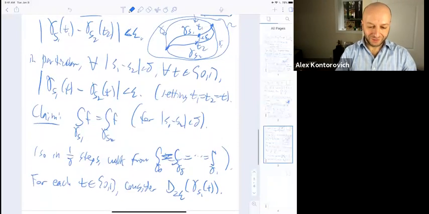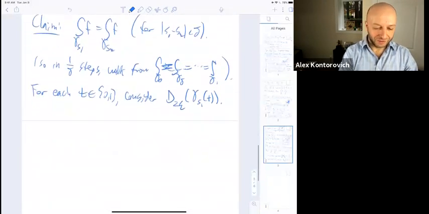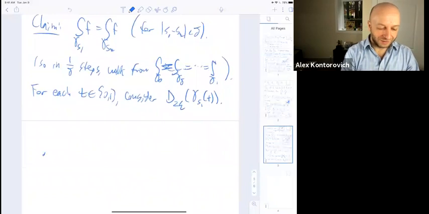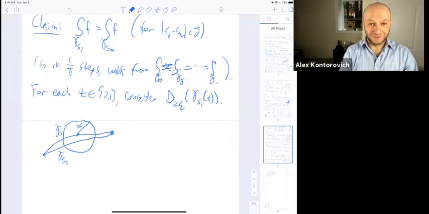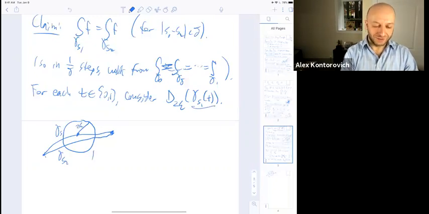Okay, so let me draw another version of this same picture. So here's our starting and end points. This is gamma S1, gamma S2. And for every point t, I draw a ball of radius 2 epsilon around gamma S1 of t. So this is the disk of radius 2 epsilon around gamma S1 of t.